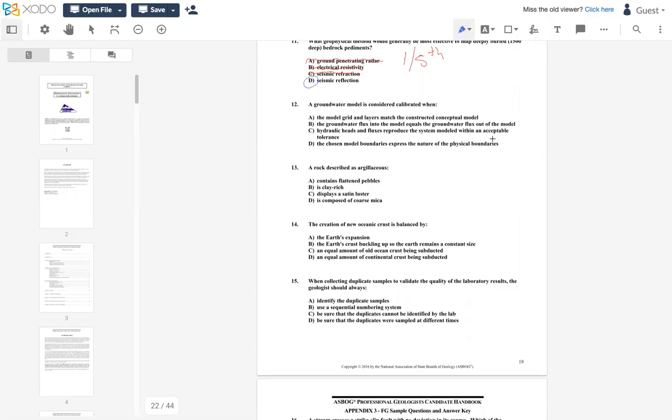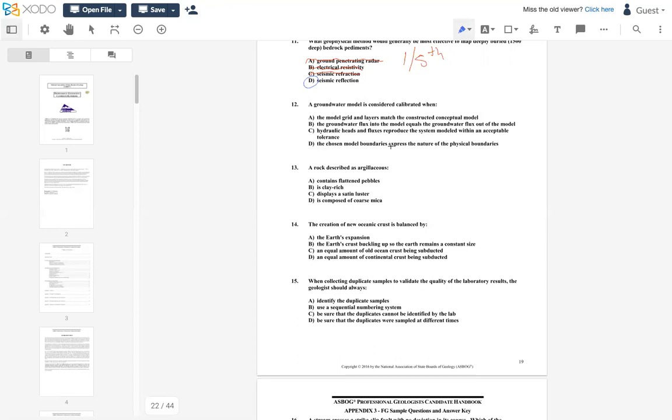So a calibrated model is used by hydrogeologists to represent a groundwater system. And model calibration is simply referring to the manipulation of input data in order to improve a model's accuracy, reflecting the observed heads and flows.